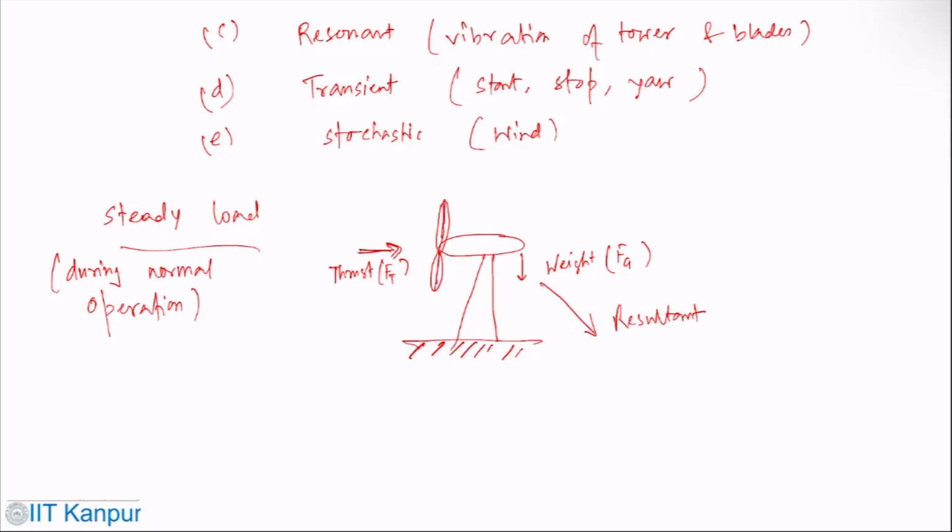Just to demonstrate the situation in a bit more detail. So the thrust F_T is P by 2/3 U infinity, and F_g is m, the mass, times g.